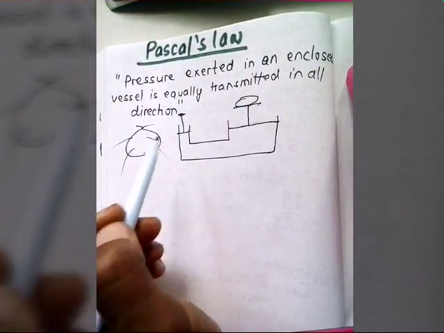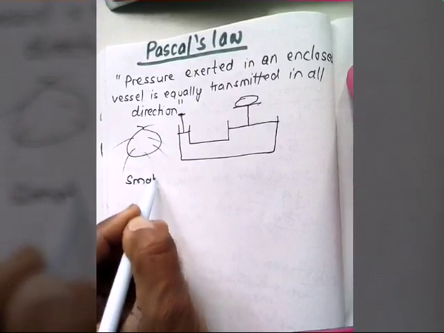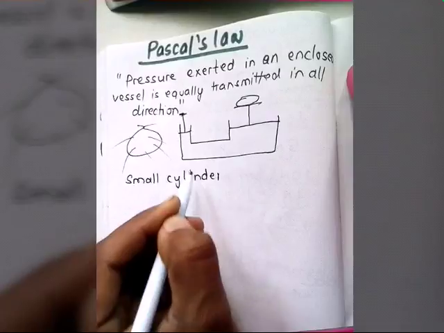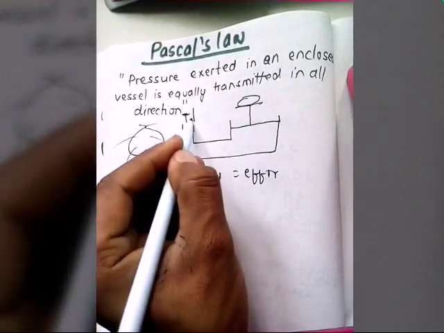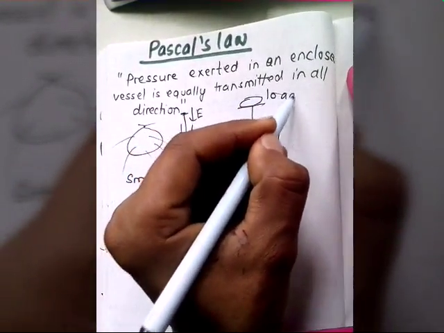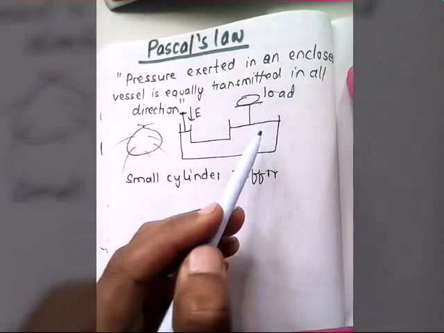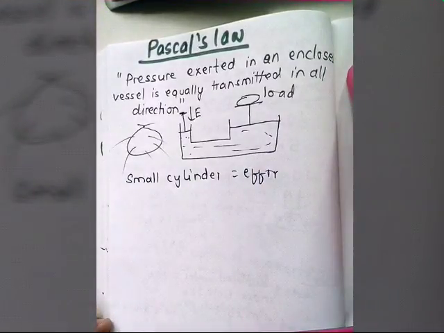One thing we have to notice is that on the small cylinder we always apply effort. So effort is applied over here, and the load, the heavier one, is kept on the larger cylinder, and this is filled with liquid, definitely.